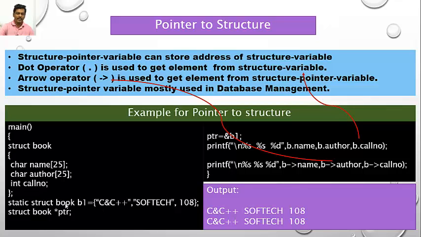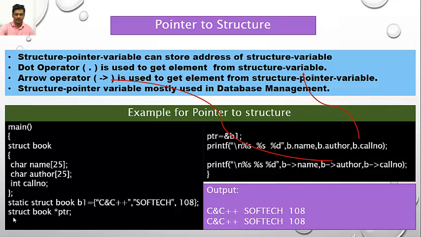We already discussed the memory mapping of structure variable. This example is a continuation of the previous session. In this statement we initialize at the time of declaration. So struct book star PTR, where PTR is a user defined name, but star PTR is a structure pointer variable.